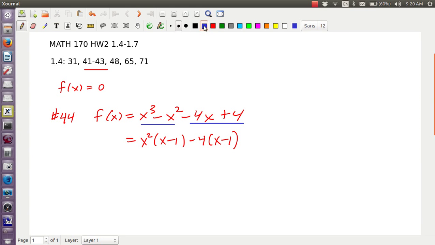This particular one is a little tricky because you have to notice that the sequence of signs is plus, minus, minus, plus, which means that you have to factor out a negative something in the second half of the problem. But the goal is that you want these two guys to be the same thing.